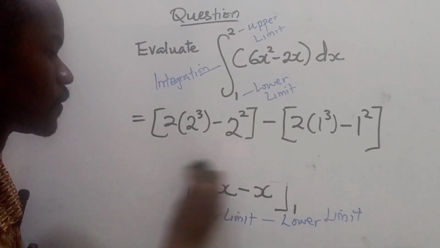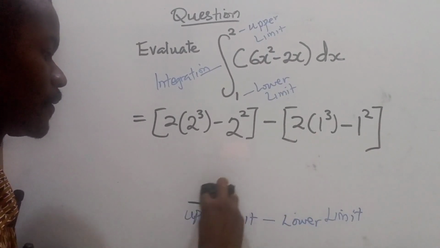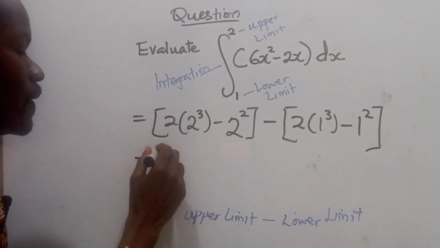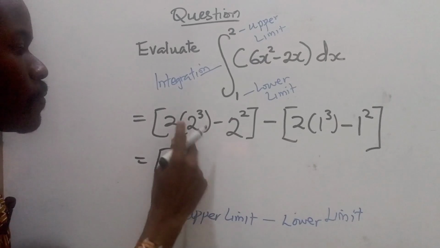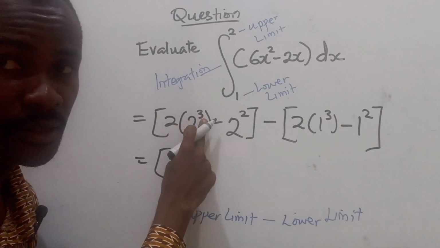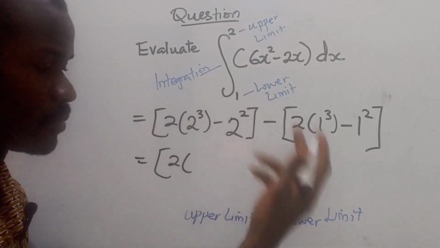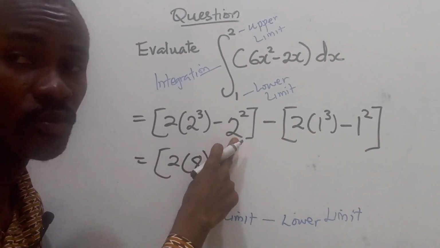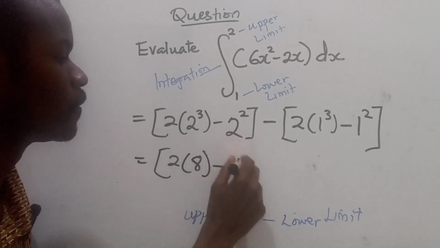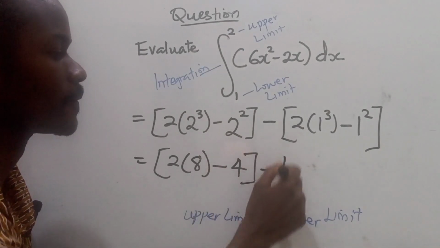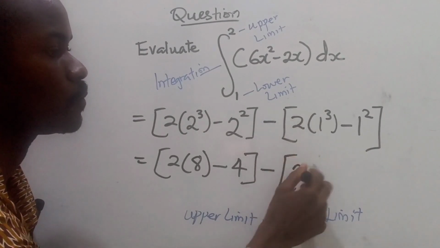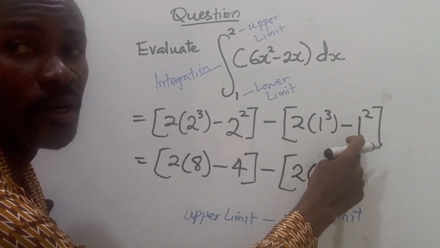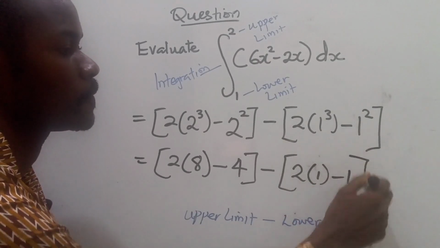So let's see what the difference of the upper and the lower limit is going to be. This will give us 2 raised to the power of 3 means 8, because 2 times 2 times 2 is 8, minus 2 raised to the power of 2 means 4, because 2 times 2 is 4, minus. 1 raised to the power of 3 is still 1, 1 raised to the power of 2 is still 1.